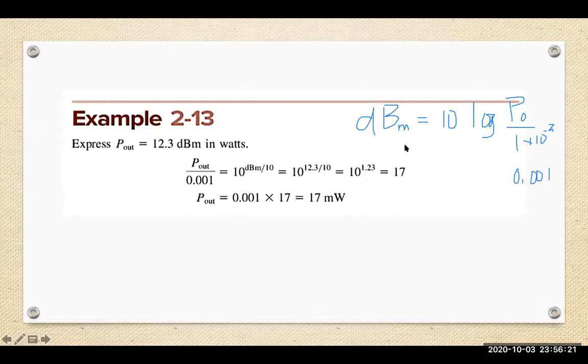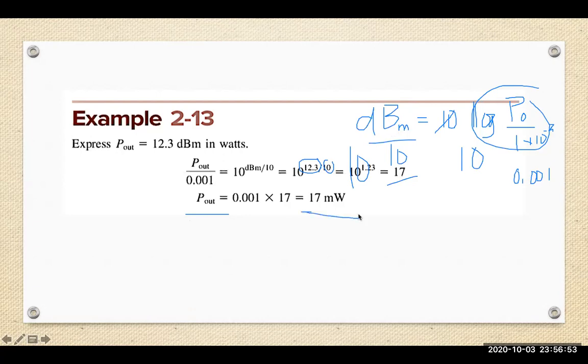Now to eliminate the log, divide both sides by 10, so you have dBm over 10, and cancel this one, and then take the anti-log, so 10 raised to this exponent on one side and 10 raised to this on the other side. So you have 10 raised to 12.3 divided by 10. The answer is 17. To solve for the power output, just multiply 0.001 by 17. So you have the power output equal to 17 milliwatts.